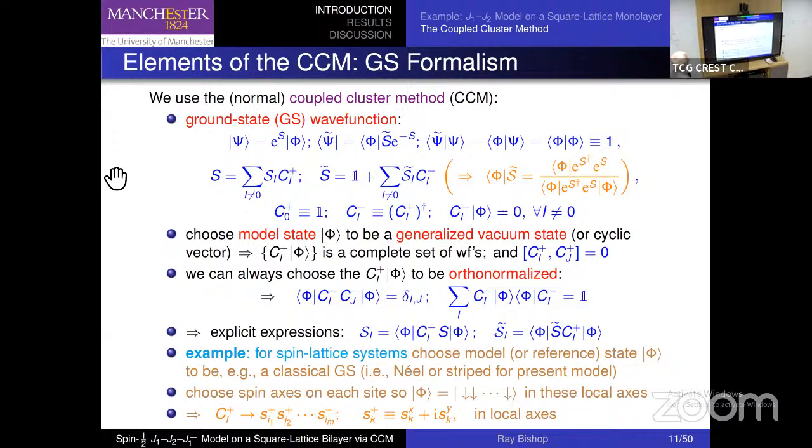The model state is in some sense a generalized vacuum state such that when I let these operators act on the model state, I fill the whole Hilbert space. So I can expand an arbitrary ket state in terms of this complete set of wave functions in my Hilbert space.